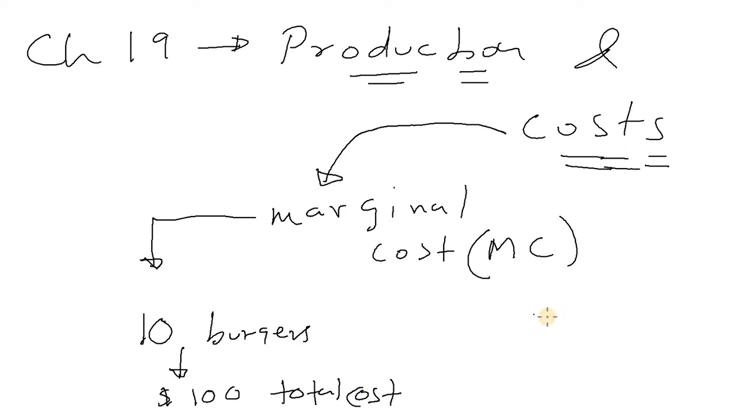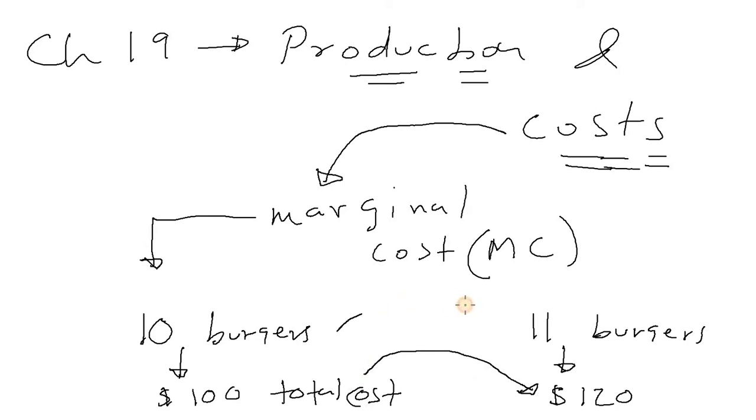Now let's say when we make 11 burgers, the total cost that is incurred is $120. As you can see, the extra amount of money that we need to make this one additional burger is $20. So therefore this $20 is the marginal cost of this 11th burger.